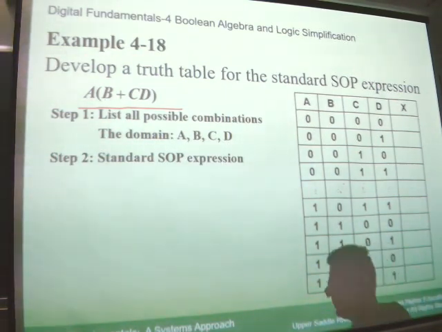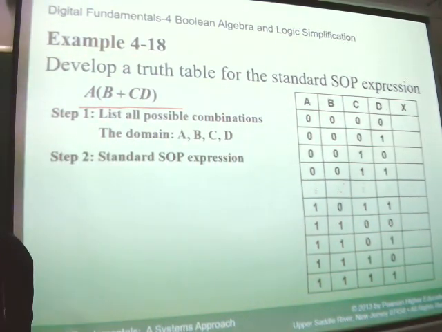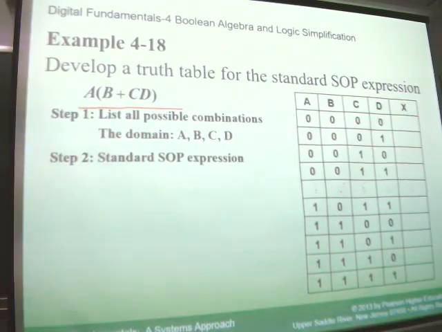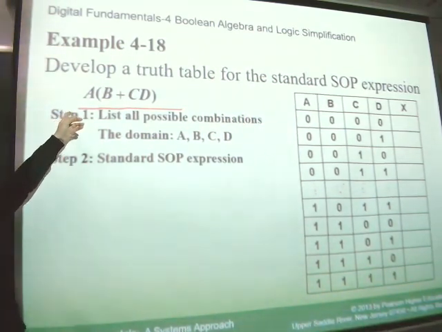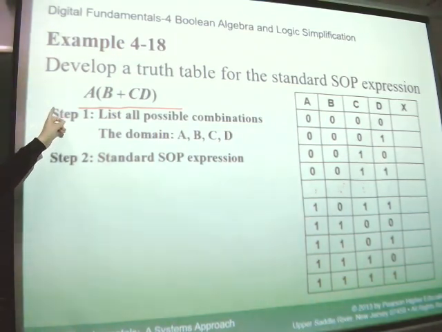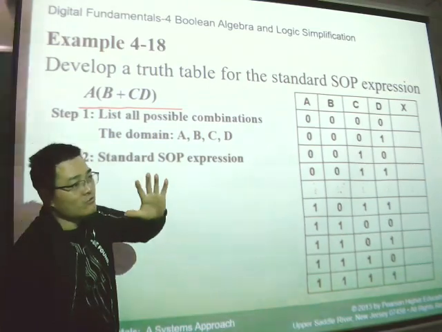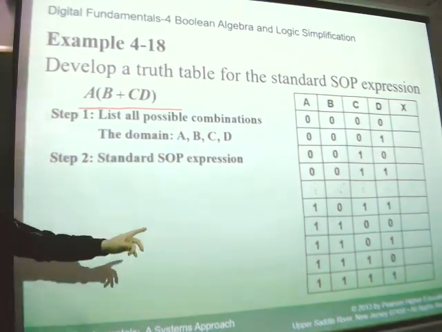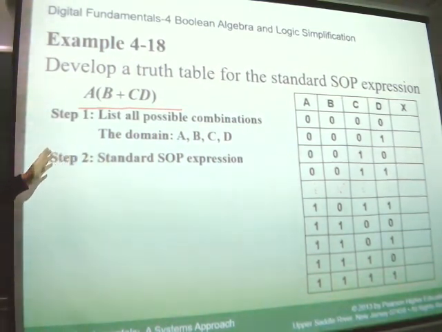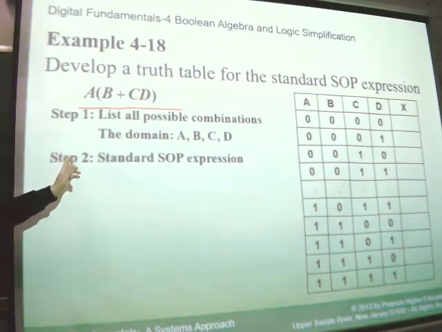Okay. First, we must know that the domain includes A, B, C, D, four variables. So each product term must contain the four variables.